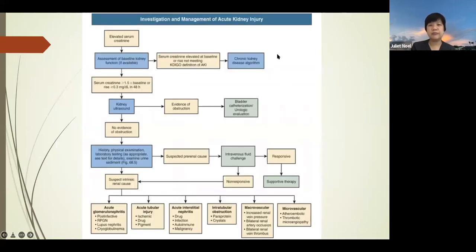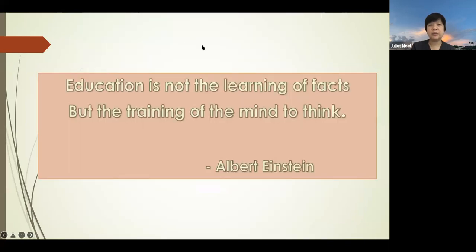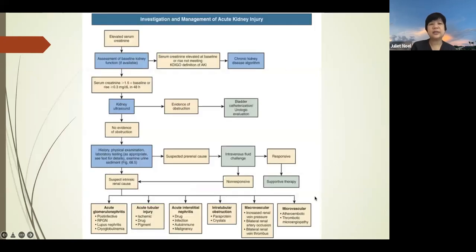So in summary for the AKI, when you have elevated creatinine, you assess if the baseline kidney function is available. You get a history, ask them, do you have a copy of your lab result before? Then look it up. If serum creatinine is elevated at baseline, then you would think this is probably chronic kidney disease, so you look for the chronic kidney disease diagnostic workup.